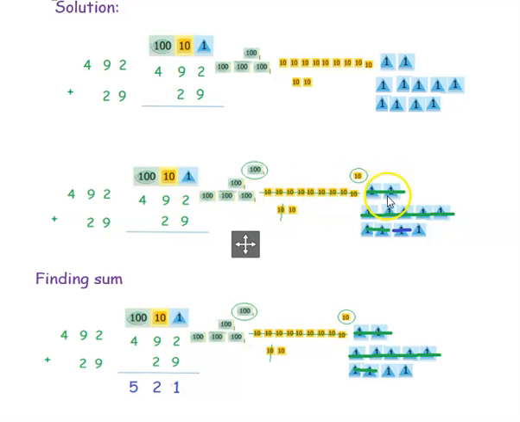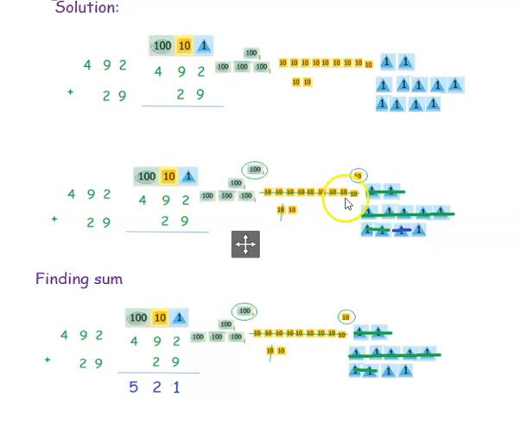In the next step we are going to count ones. 1, 2, 3, 4, 5, 6, 7, 8, 9, 10. 11 ones are there. So now I have struck out 10 ones and I have added 1 ten in the tens column. Now we will count tens. 1, 2, 3, 4, 5, 6, 7, 8, 9, 10. 11 tens are there.